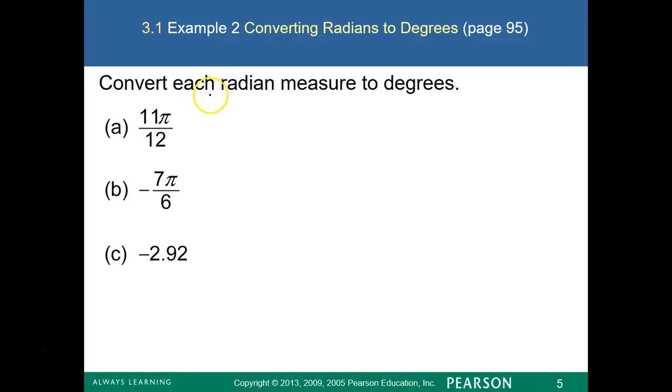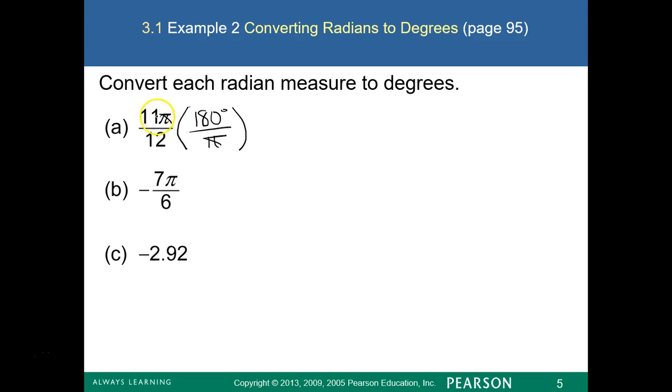In this example, we are converting radian measures to degrees. This time, instead of multiplying by pi over 180, we multiply by the reciprocal, 180 degrees over pi. This is where our pi's end up canceling out with each other.